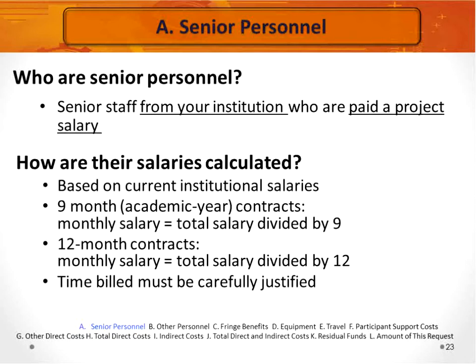I mentioned the codependence of the budget with the proposal, and senior personnel time on the project is something that shows up multiple times in the grant proposal. It is important that the information you provide be consistent with each reporting. For example, senior personnel time will appear on current and pending support forms. We had a webinar earlier this year, last month in fact, on preparing these forms.